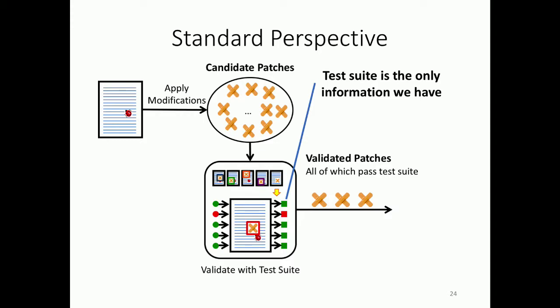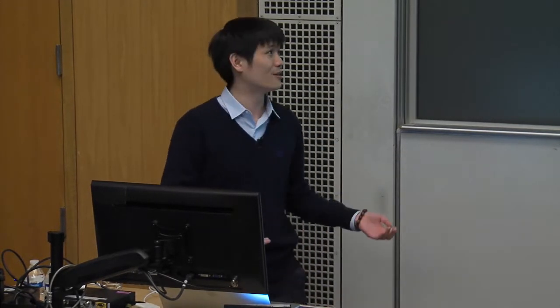A standard perspective adopted by many previous patch generation tools is that because the test suite is the only information we have, we declare success whenever we find anything that can pass the test cases. So let's see what could go wrong with this standard perspective.